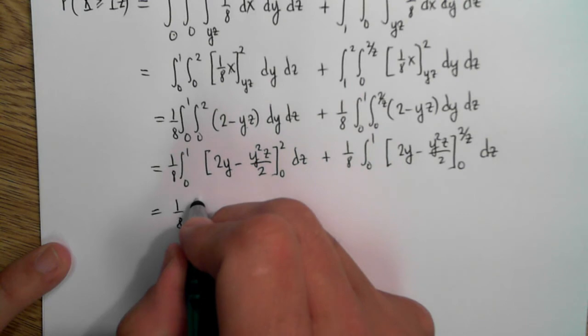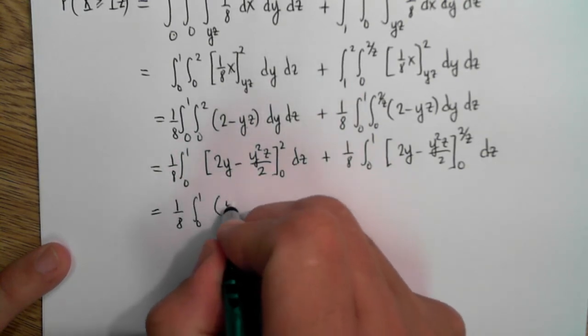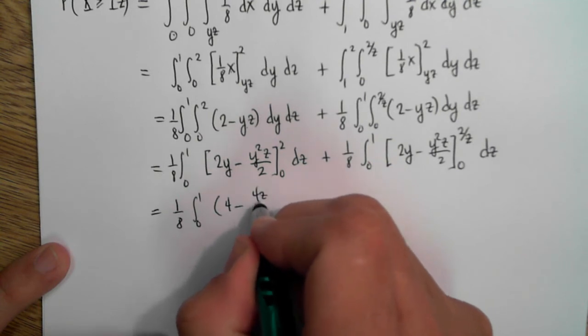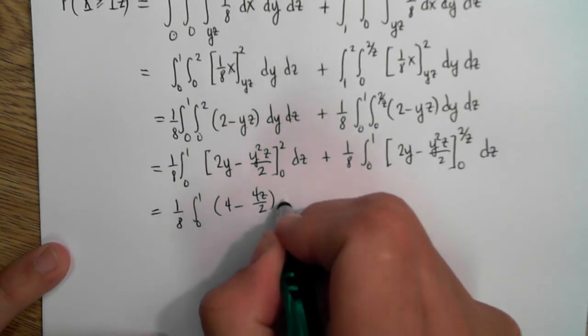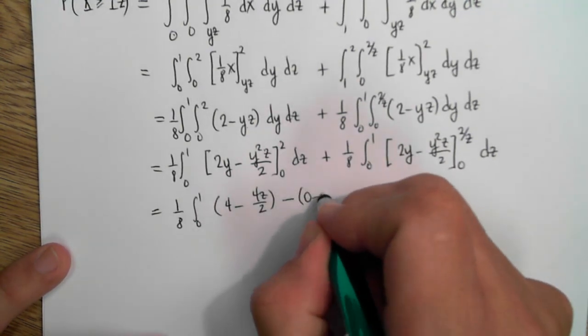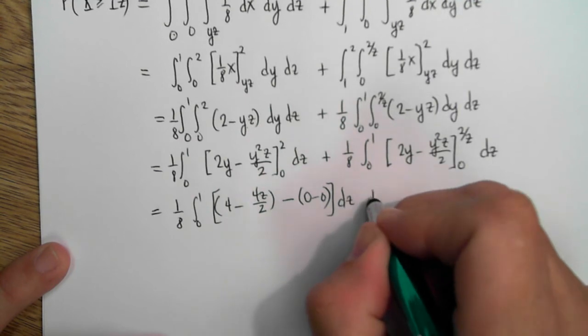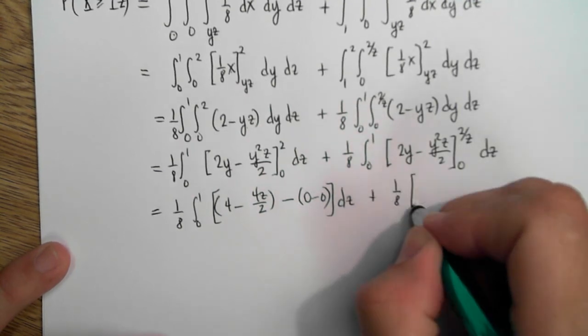Okay, so doing the integral, plugging in 2 for y, I get 4 minus 4z over 2 minus, and if I plug in 0, I get 0 minus 0, dz. Plus, over here, 1/8.